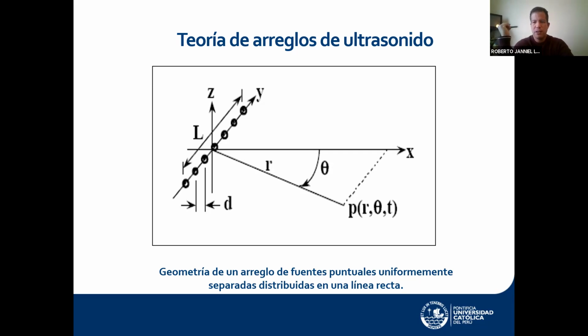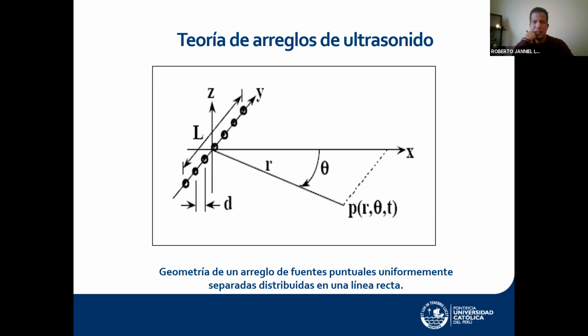Ultrasonic arrays are very important for us in medical imaging, because those are, to a very large extent, 99.99% of the types of arrays that you're going to see in practice.